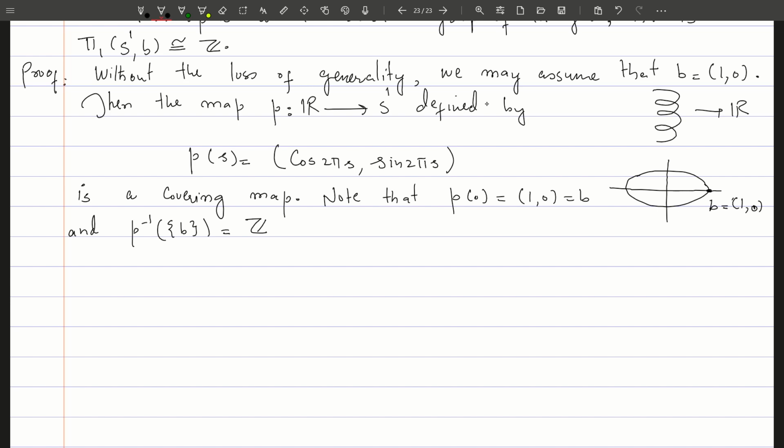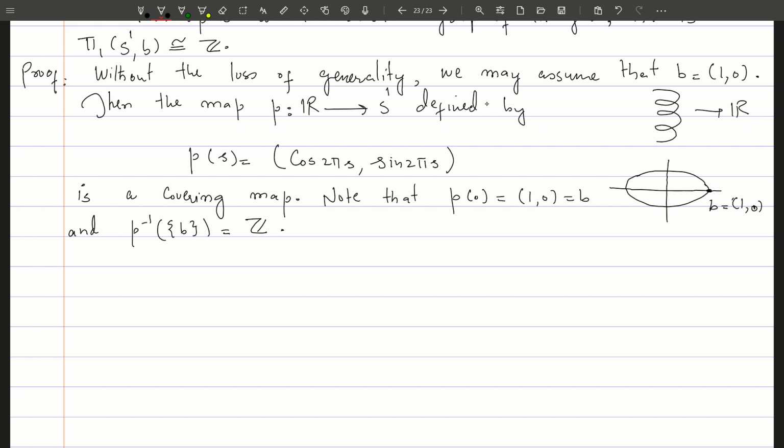Now cos is equal to 1 at the even multiples of pi, and sine is always equal to 0 at any multiple of pi. So any integer is mapped to the point B. Hence the inverse image of this point B will be the set of integers.